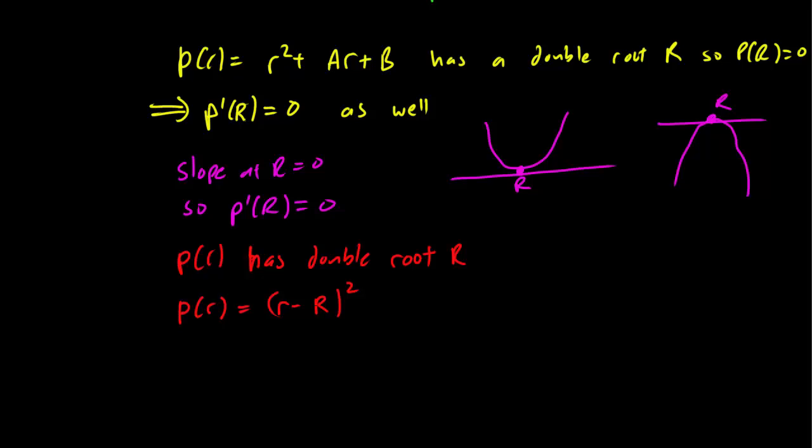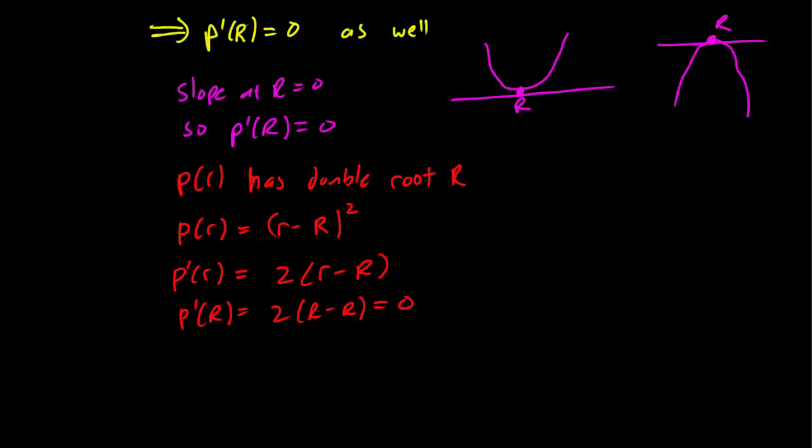It means that you have a root and it's also squared. If we take the derivative of this function using the chain rule, we get this. But clearly, this implies that the derivative also has a root at r. So that's the initial principle to keep in mind. If a quadratic polynomial has a double root, it means that its derivative also has that root.